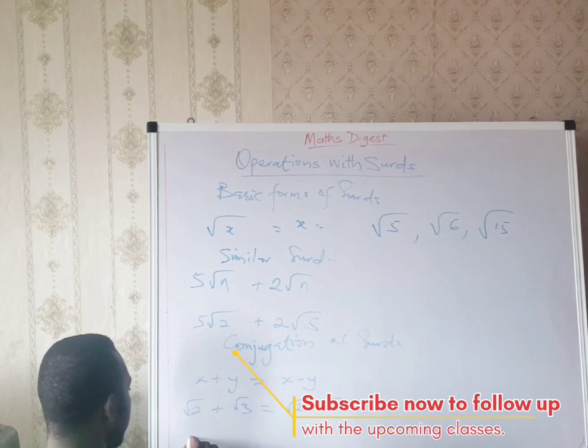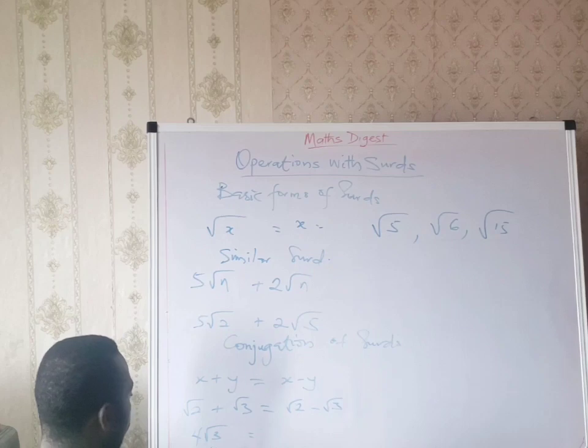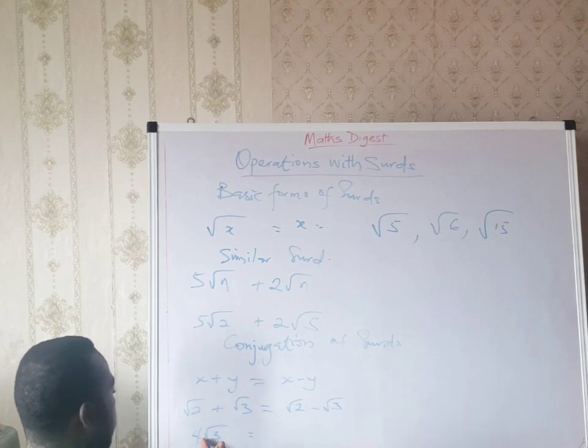But whereby you have 4 root 3, the conjugation here, when you want to go for rationalization, is only this, because there is no positive or negative sign in between. Rather, it is a multiplication.